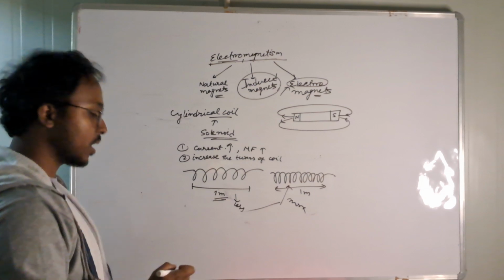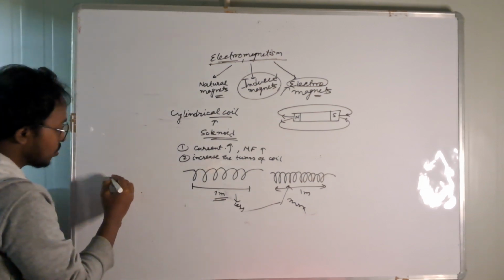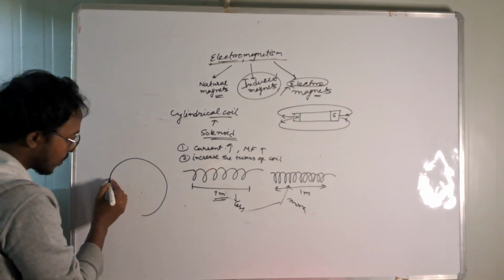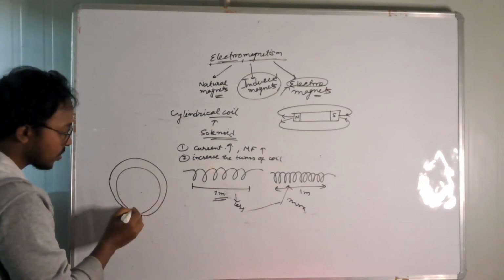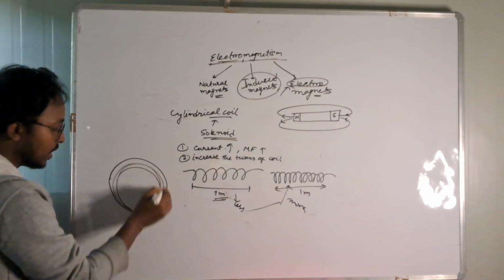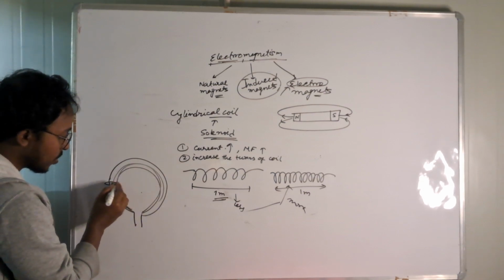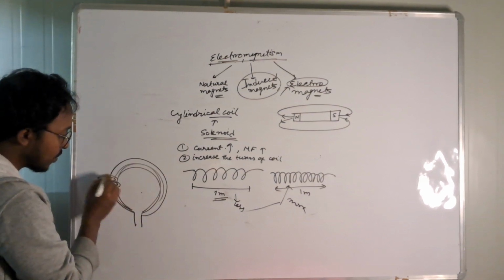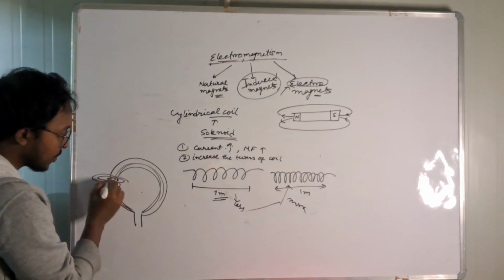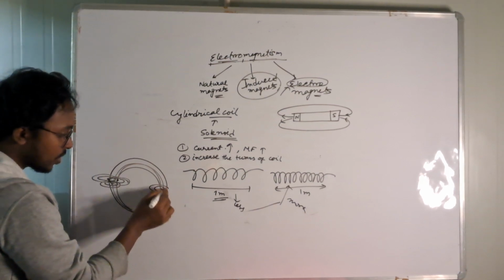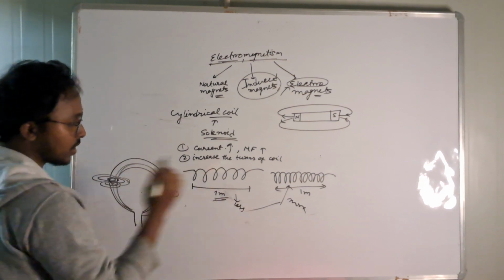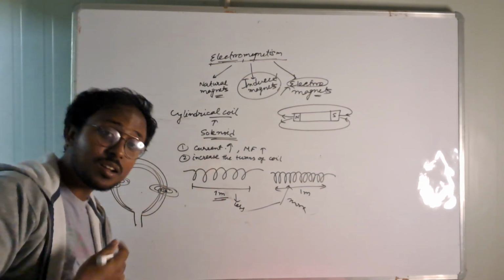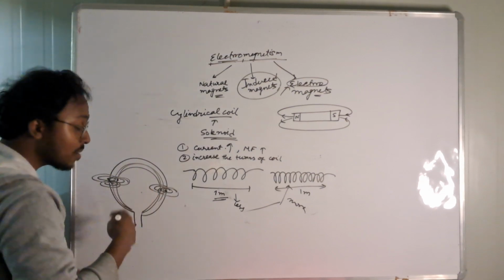Because it has more turns, if I just use a single loop, I have told you, instead of that if I use multiple loops, each and everywhere will create the magnetic field lines. So if I enhance the number of turns, that will actually increase the magnetic field lines.